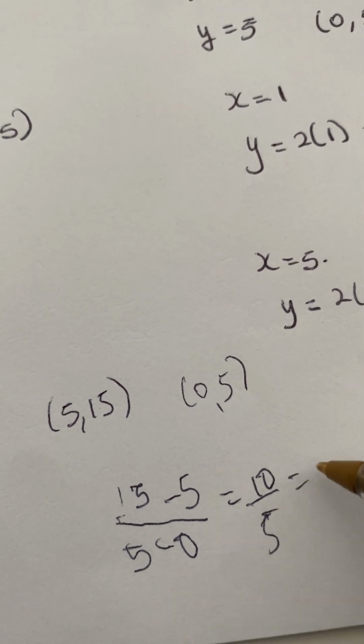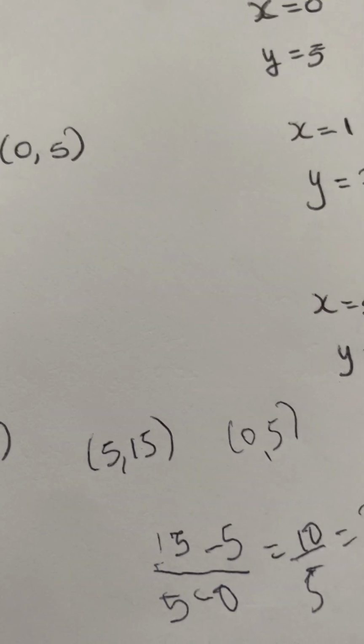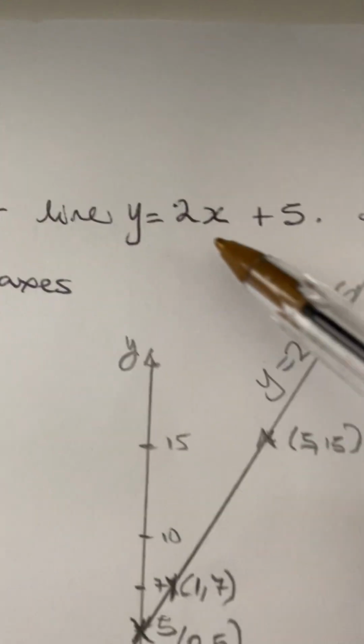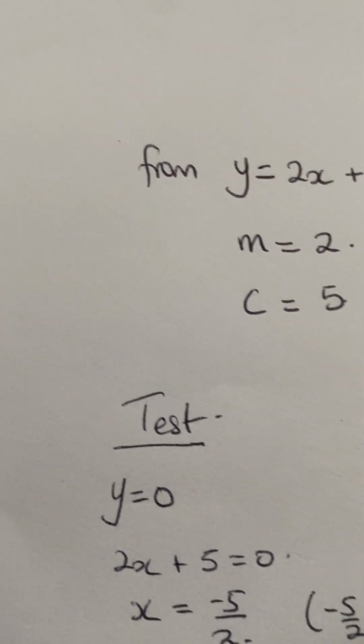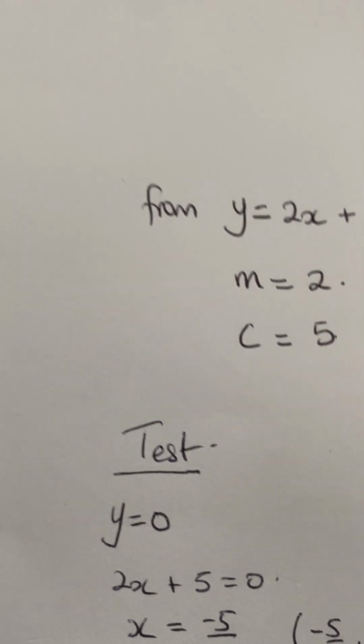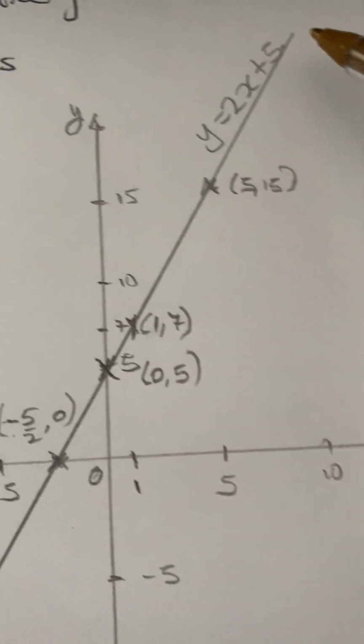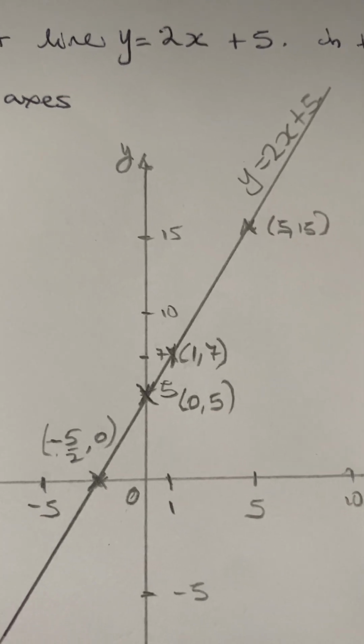So that will be a 2, which is there. So we've tested the gradients and we've tested the y-intercept as well. So 4 points, we've drawn the graph.